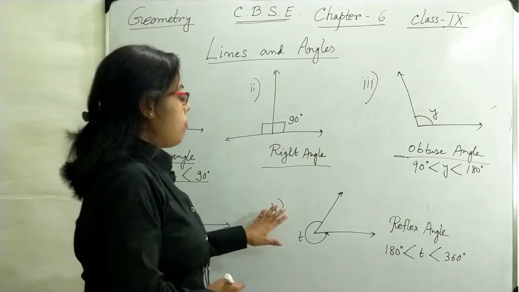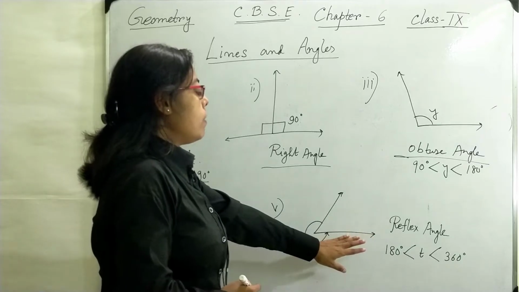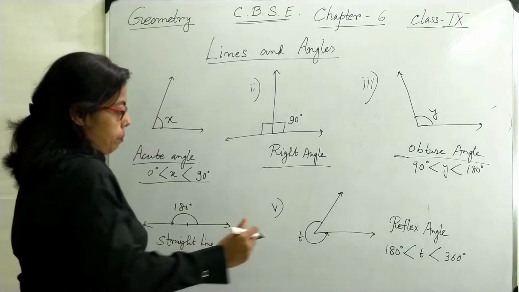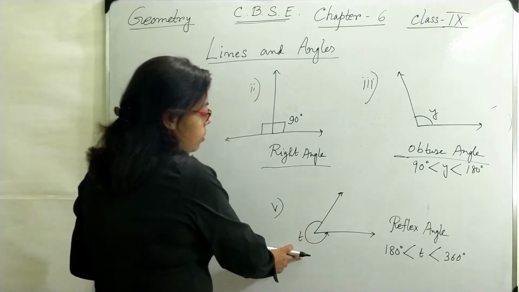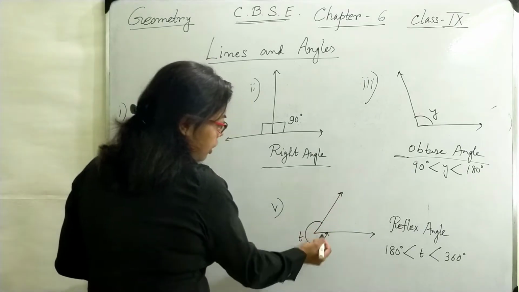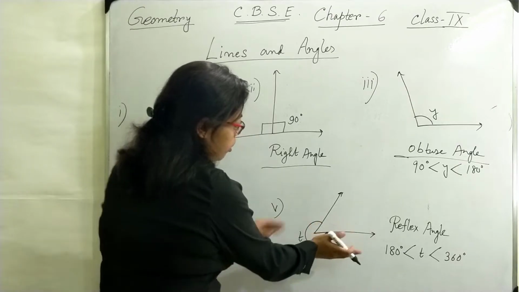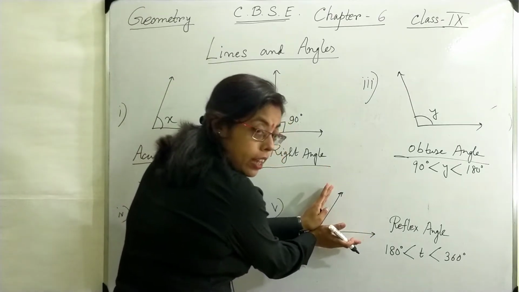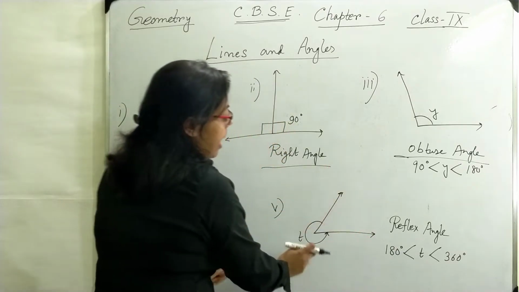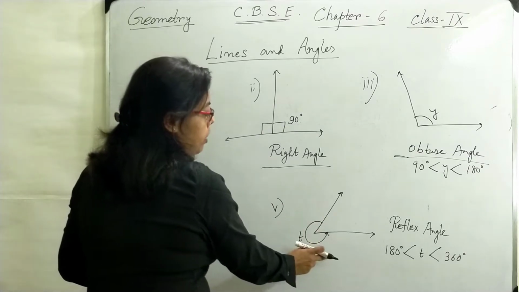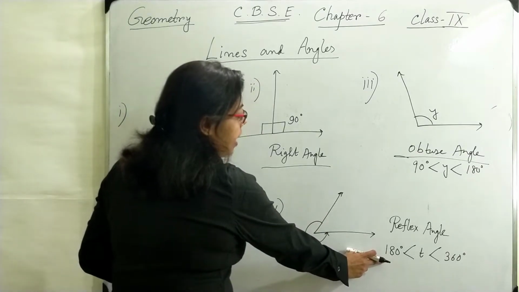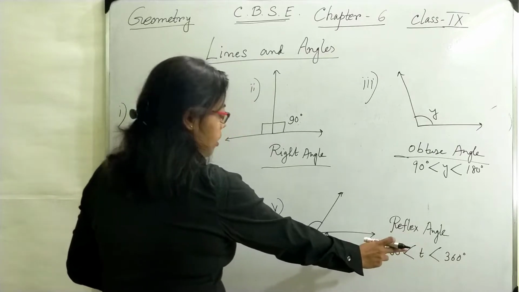And then comes number 5, reflex angle. Reflex angle, look at the picture very carefully. What is reflex angle? This angle will be the angle outside these two arms. Okay, this is the reflex angle, and this value must be greater than 180 degree and less than 360 degree. Clear?